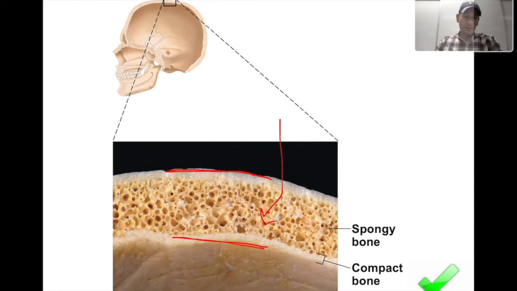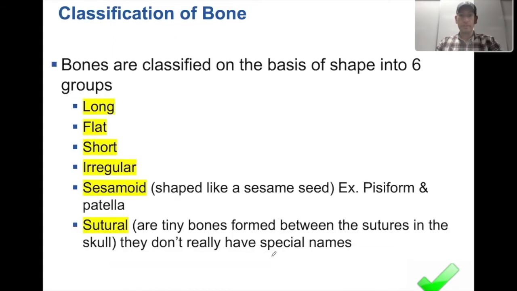It's called spongy bone because it looks like a sponge. It's just as hard. It doesn't squish or anything. It's just as hard as compact, but because there's a lot of sacs filled with blood, it looks spongy, so we call it spongy.